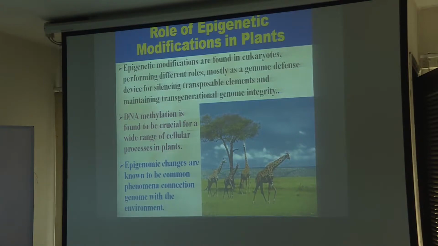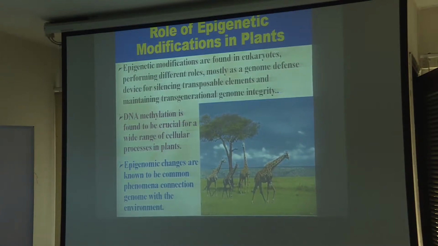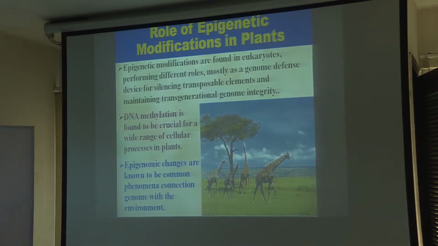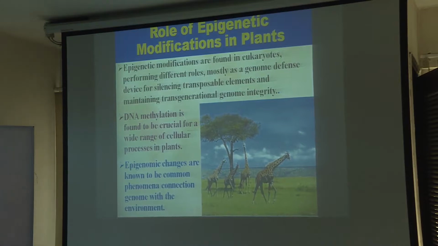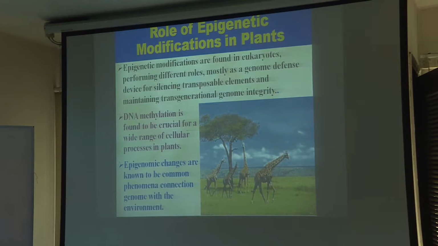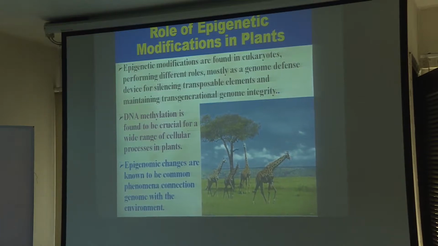So, if methylation is happening, RNA polymerase will not be able to bind at the promoter, or binding will be very inefficient. So, less transcription or no transcription. If methylation is removed, RNA polymerase will go and bind, and transcription will start. So, that is how, and this is almost a common thing.